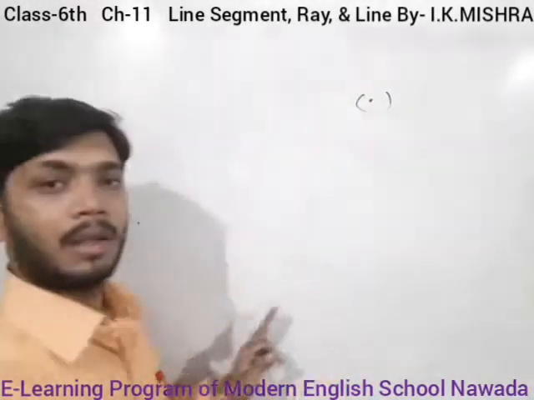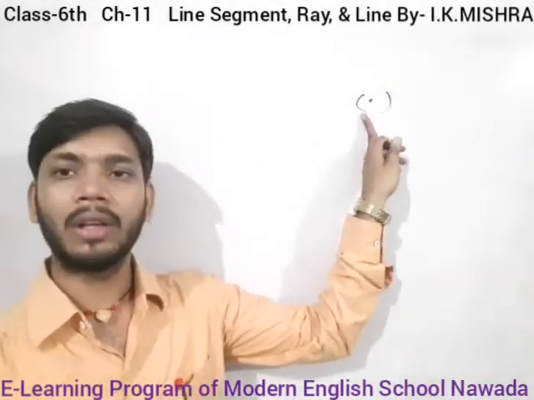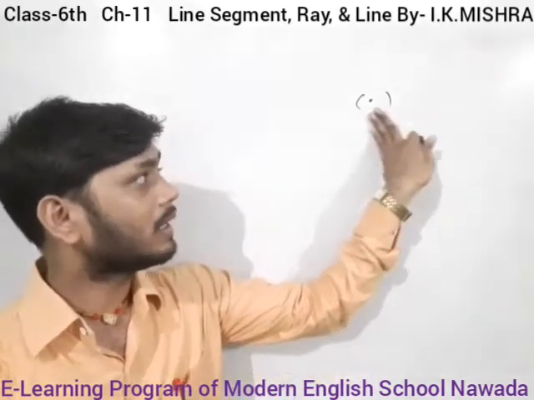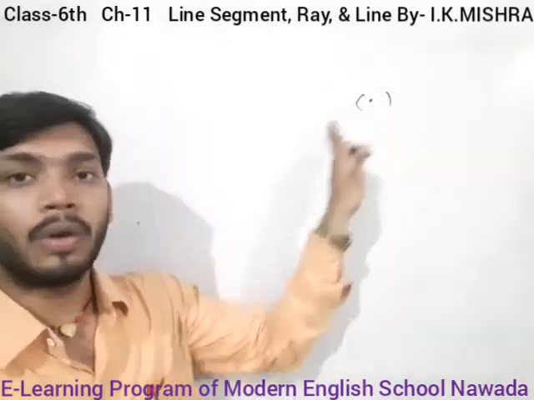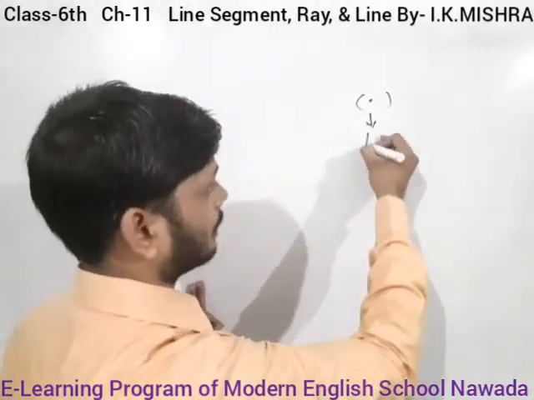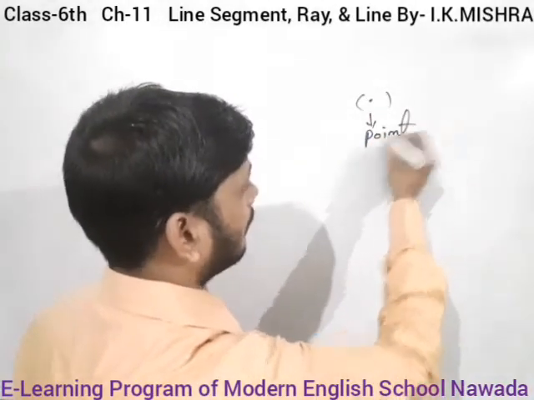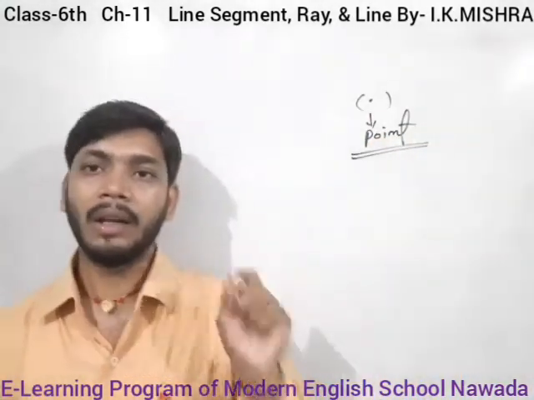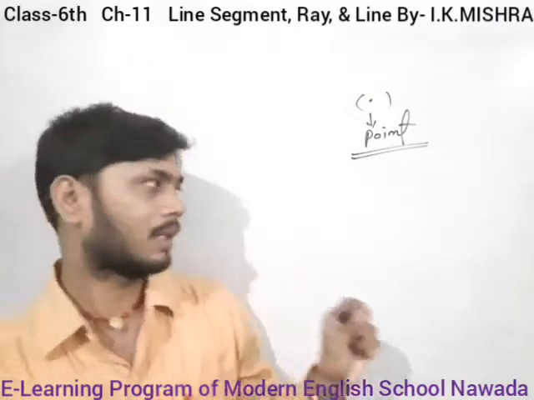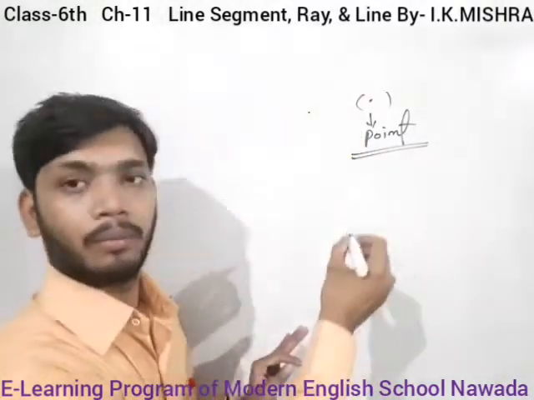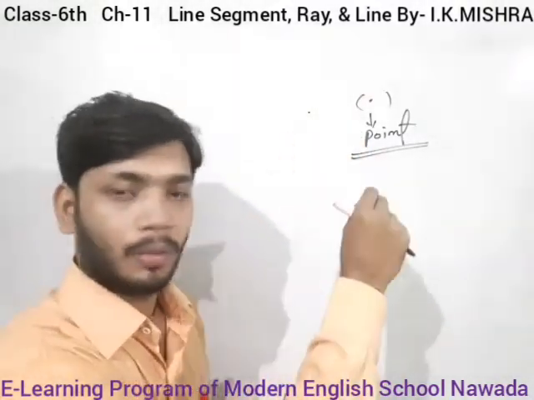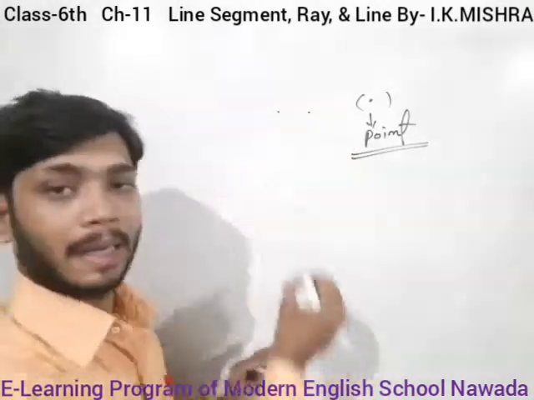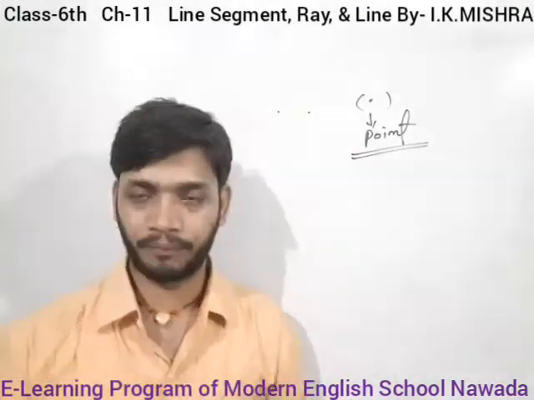Here I denote a mark. This is visible by our eye. Students, this is known as point. Here a small dot. Put the pen on the copy. A small dot is known as point.